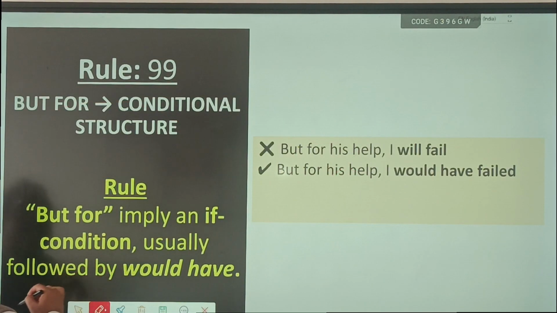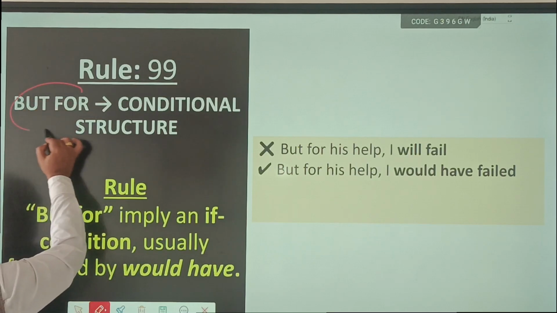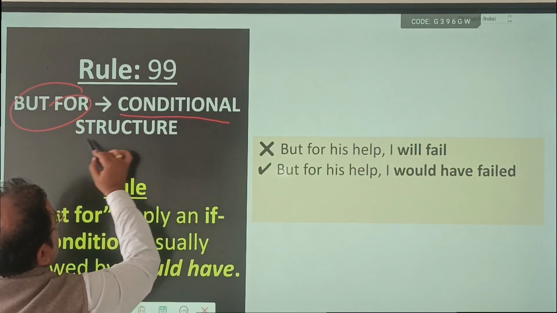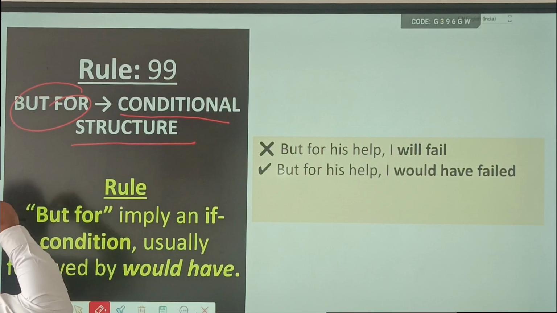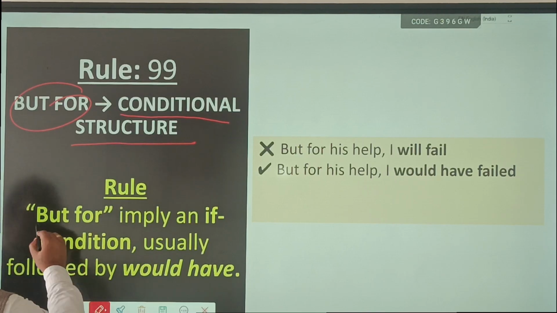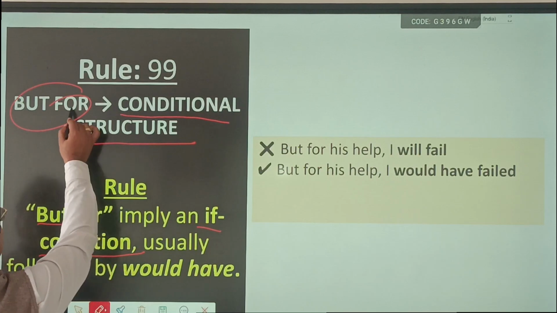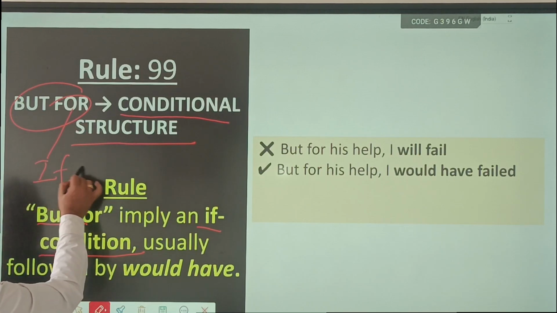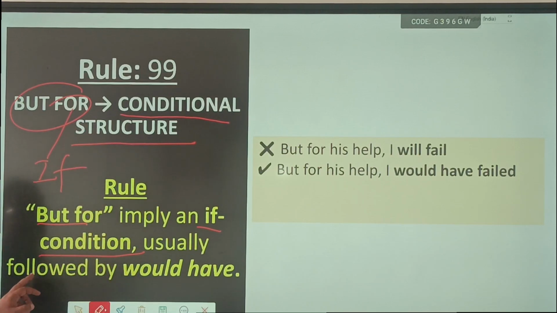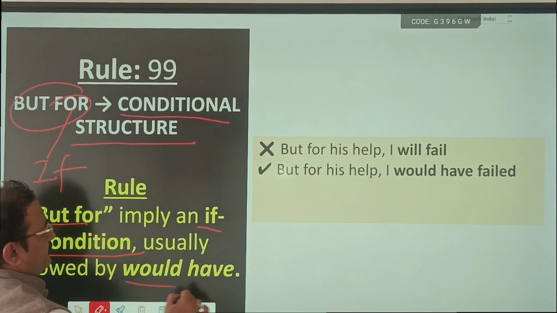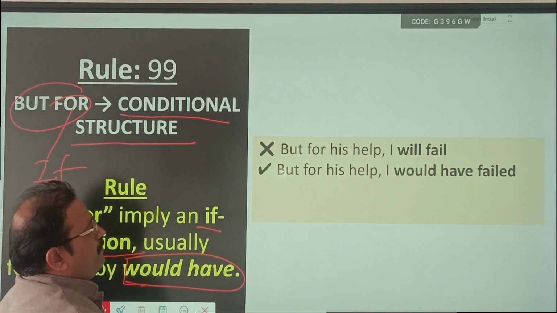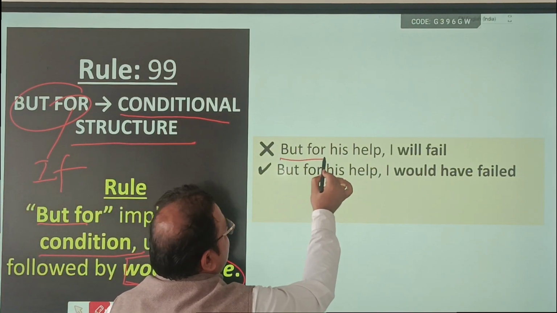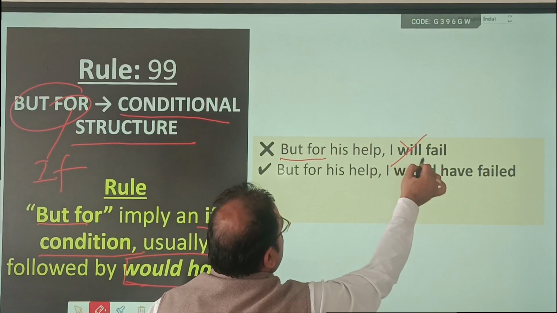Now rule number 99. But for is a conditional word. But for implies an if condition. But for is equal to if, followed by would have. This is what you have to keep in mind. "But for his help, I will fail" is wrong.